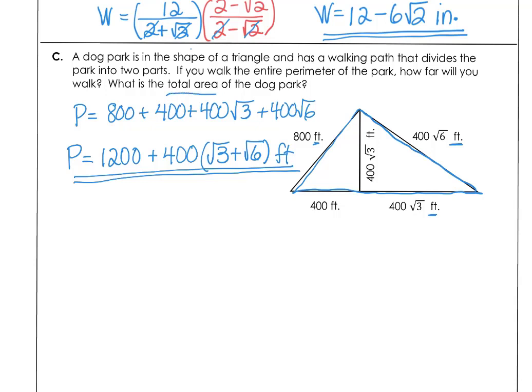The second part is to find the area. So area, we want to do two triangles, and the area for a triangle is half of the base. So I'm looking at this triangle here. Half of the base, which is 400, times the height, which is 400 square roots of 3.